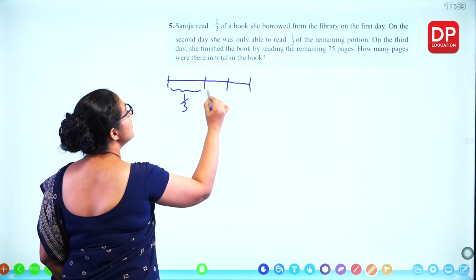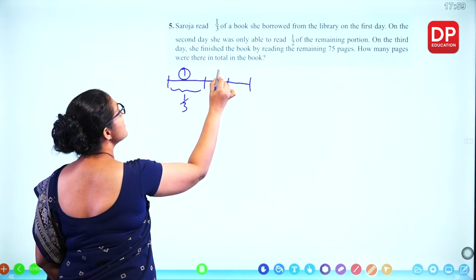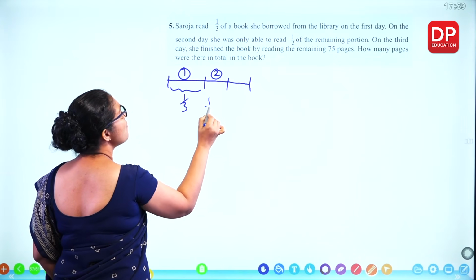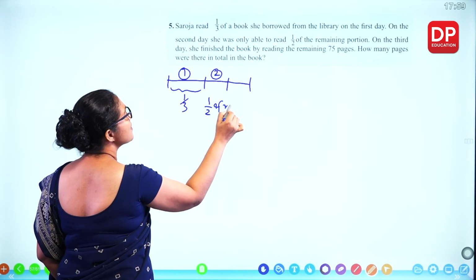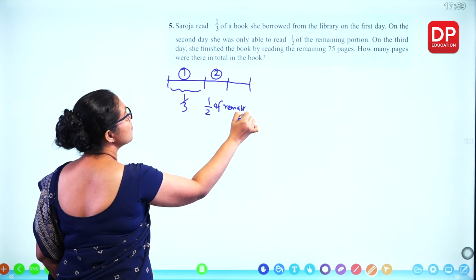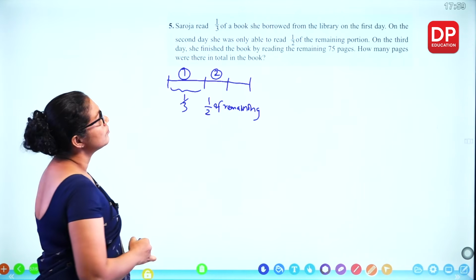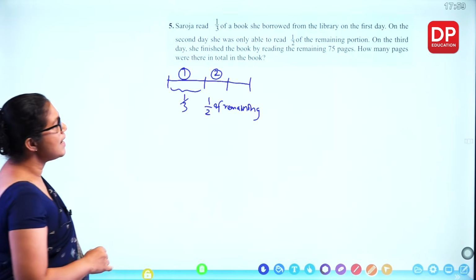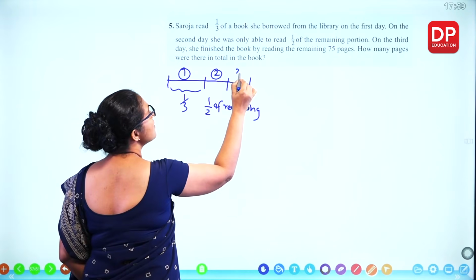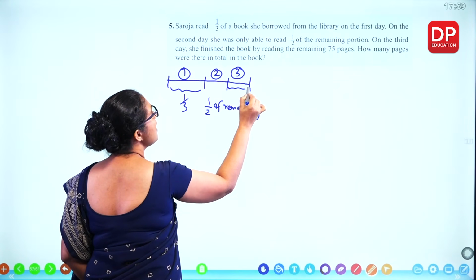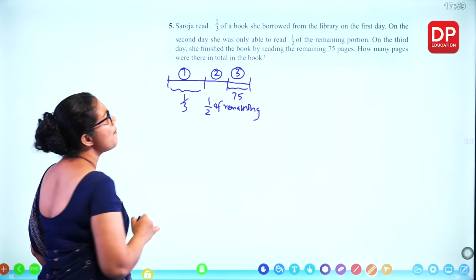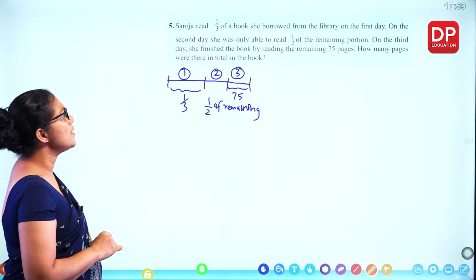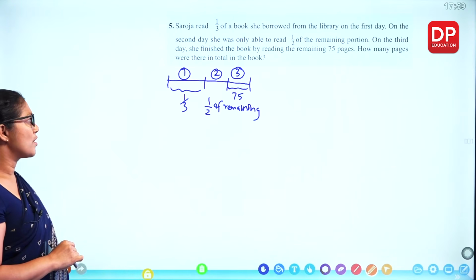So here, this is the first day, second day, half of the remaining part. On the third day, she finished the book by reading the remaining 75 pages. How many pages were there in total in the book?